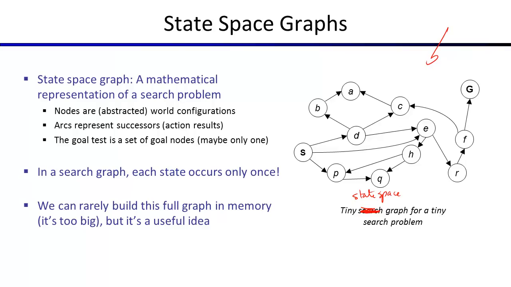So we have a tiny state space graph. In reality, you're not going to care about those problems. If your problem is this small, solve it by hand. You don't need to write a computer program to solve this kind of problem. But for illustration purposes, it's nice to have a state space graph that actually does fit on the slide so we can illustrate what's going on as we execute these algorithms.